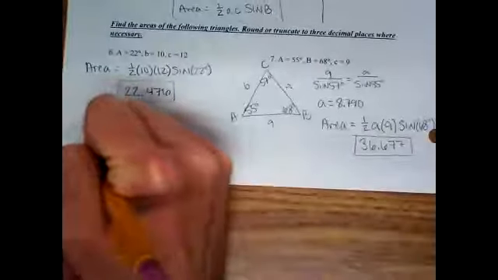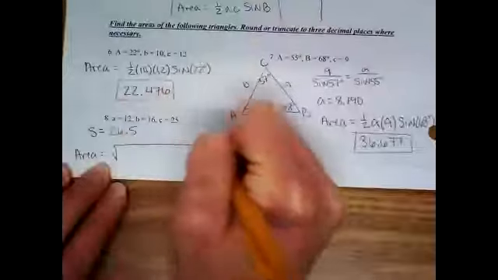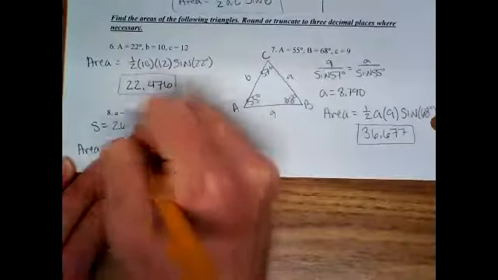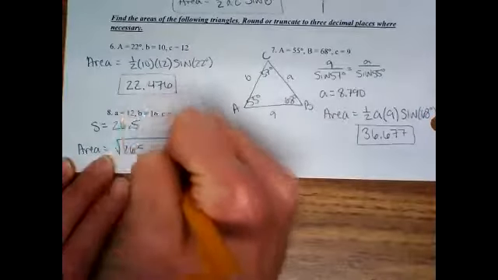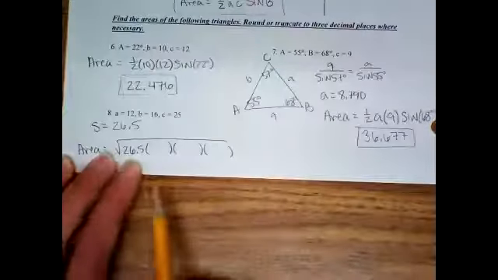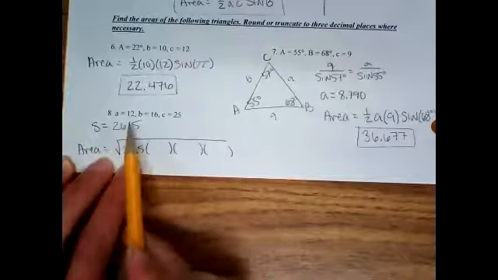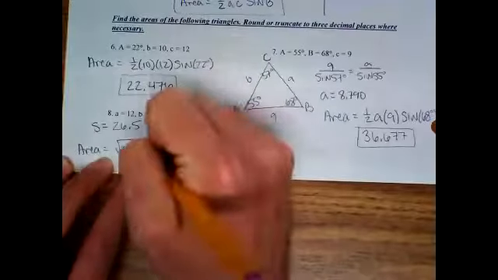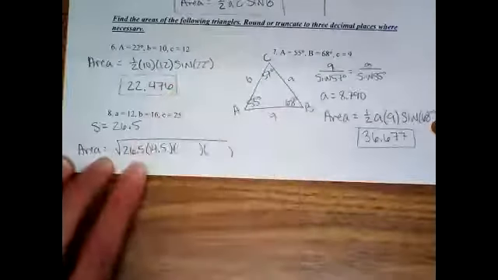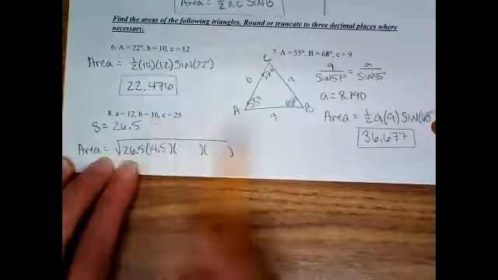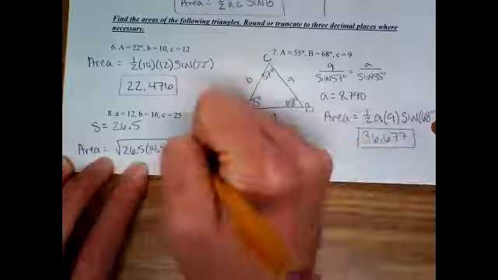Then your area equals, draw a gigantic square root. It's going to be that number, 26.5. And then I usually just draw three more blanks. It's going to be 26.5 minus 12, which should be 14.5. And then 26.5 minus 16, which would be 10.5.